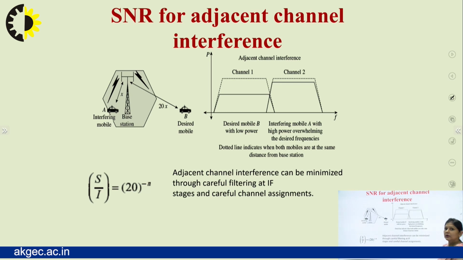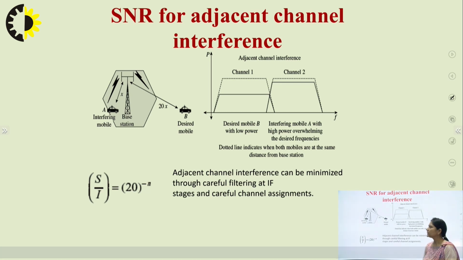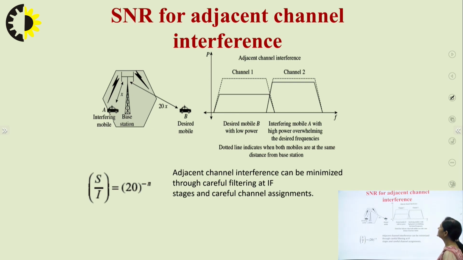Now we have already discussed co-channel interference. The next is adjacent channel interference. What we mean by adjacent channel interference, you can see here 2 channels are there, channel 1 and channel 2. They are not working on the same frequency but they are adjacent to each other, close to each other. So this is channel 1 and channel 2. You can see this is the desired mobile station that is using a particular frequency and this is the interfering mobile station.